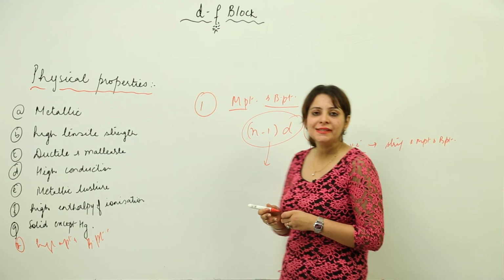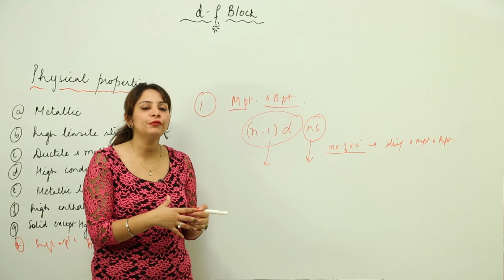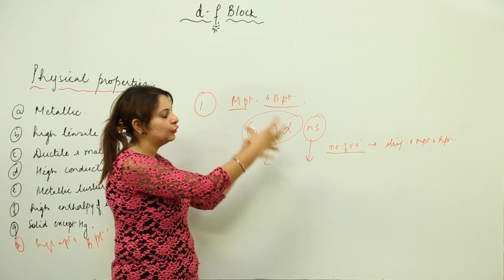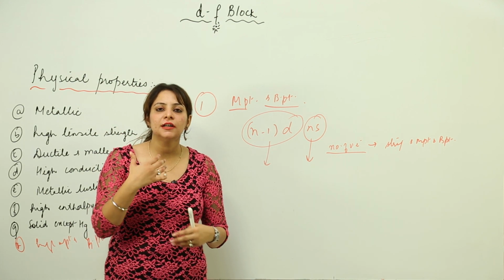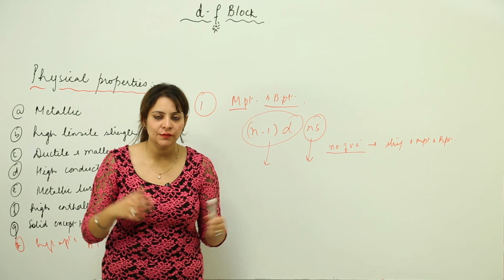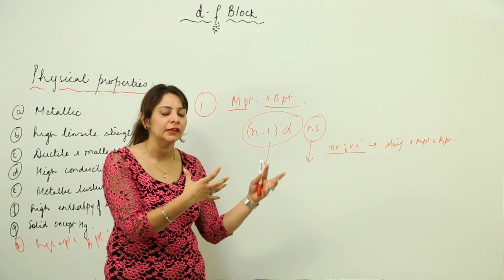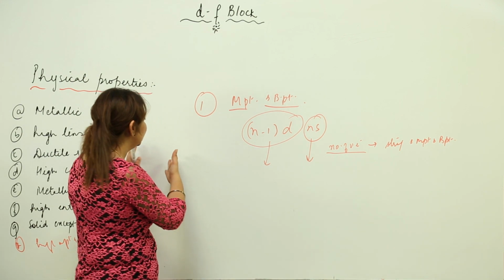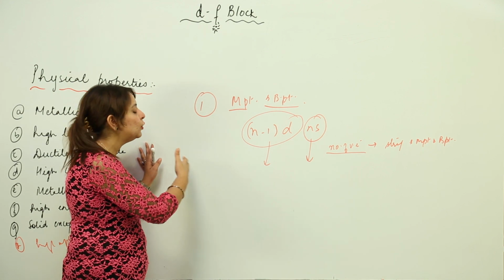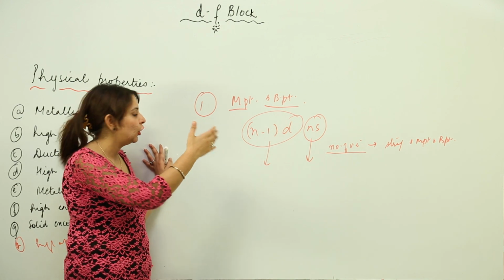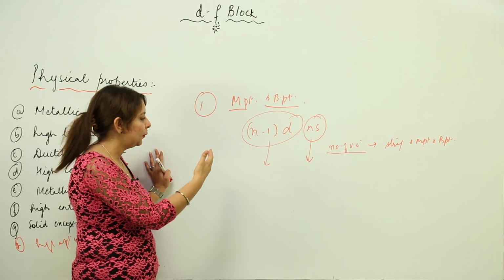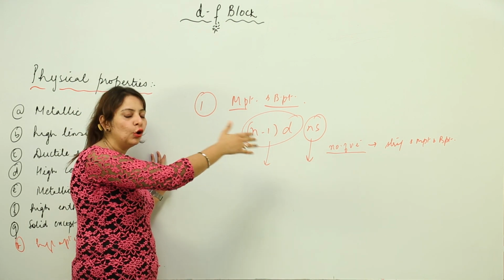But what we see actually, when we move from left to right, is that the filling of the d orbital takes place. I am talking about the period. When we started from here, there was 3d1, 4s2, but at the last there is 3d10, or you can say this progressive filling of the 3d orbital, that is 3d2, 3d3, 3d4, like that.